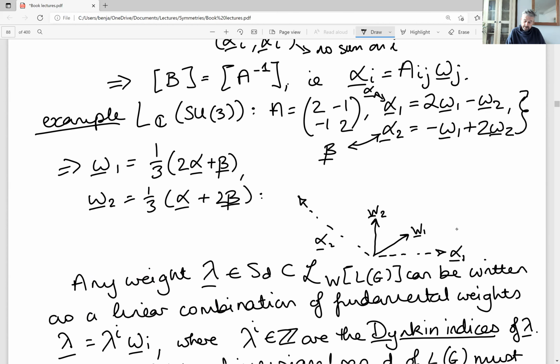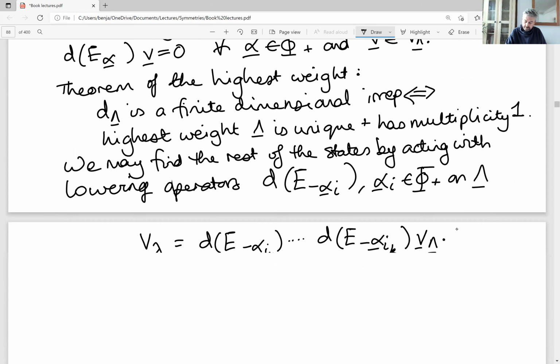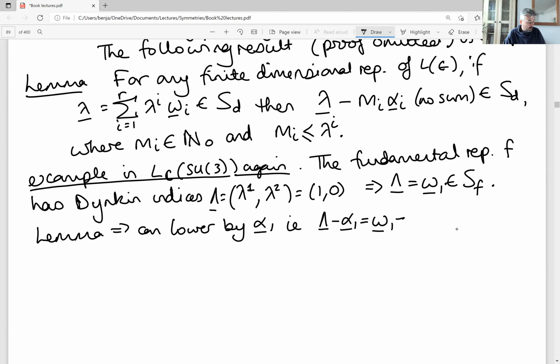We just solved this equation here, and we got alpha 1 and alpha 2 in terms of the weights given by the Cartan matrix. So alpha 1 is equal to 2w1 minus w2.